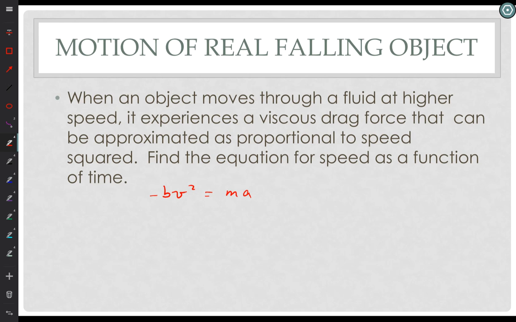So, following what we did before, what should we do? And then we have to separate variables and integrate. So I'm going to multiply everything by dt, divide everything by m v squared. Divide by the m because I want the v by itself. Divide by the v squared because I've got to move it from one side to the other.